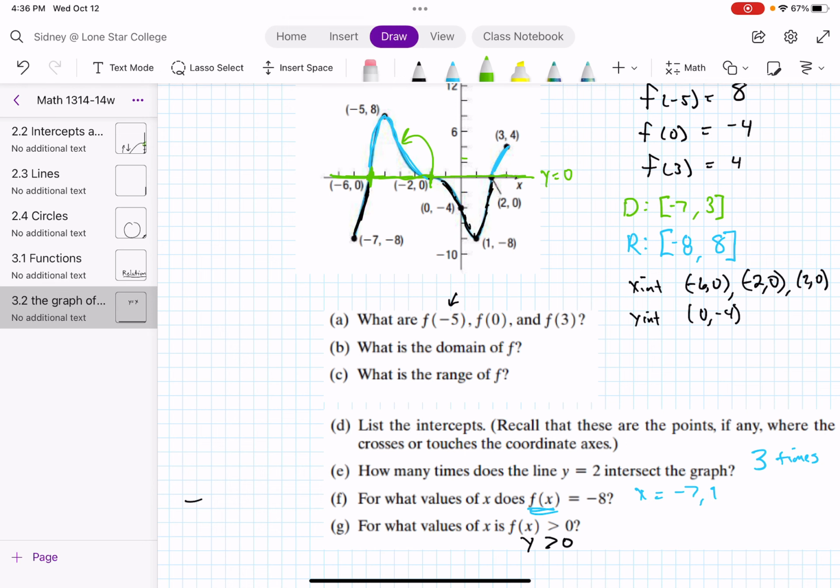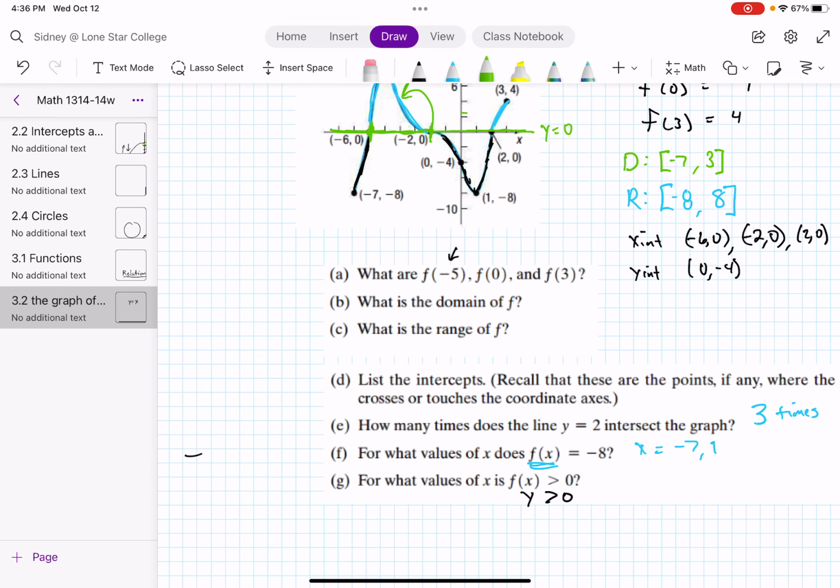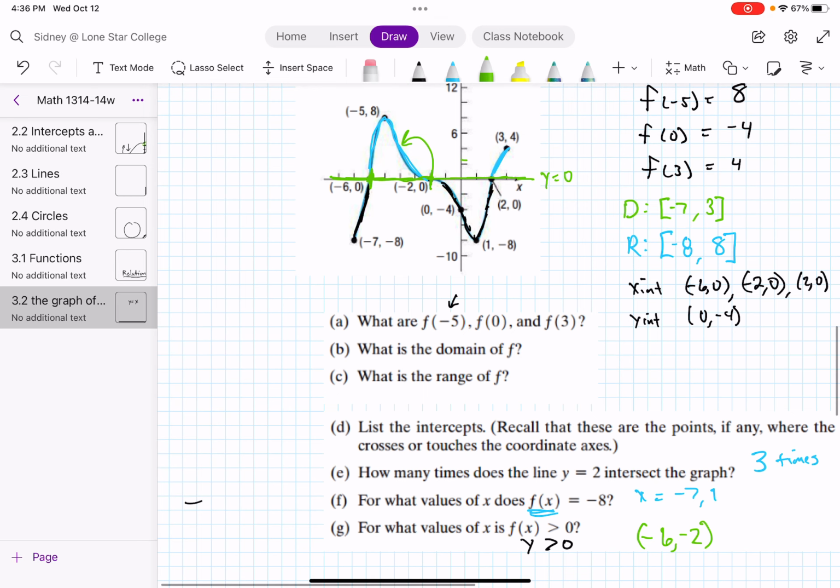So the x values that are included there would be from negative 6 to negative 2. Those x values work, but so does this little guy right here, which is from 2 to 3. So this is one of those where we have to include both parts, from negative 6 to negative 2 and from 2 to 3.